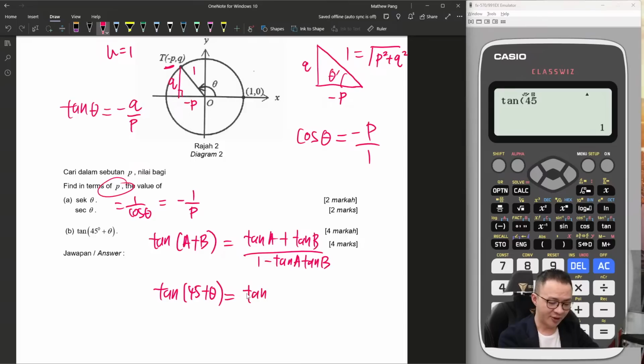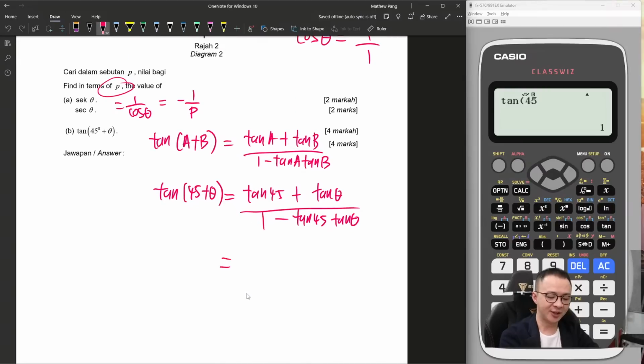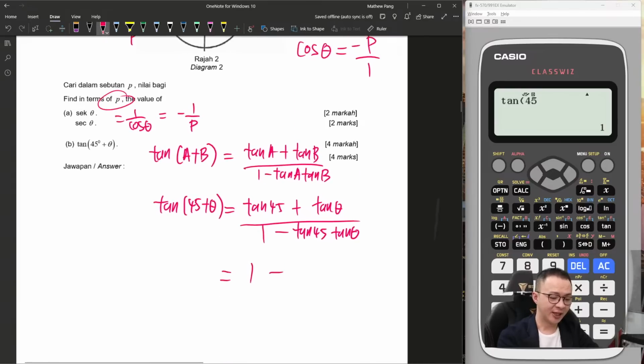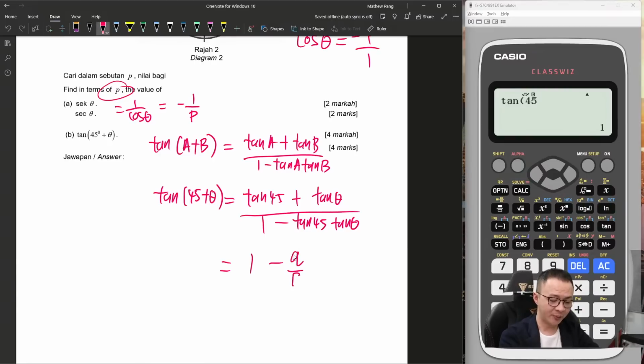So this is tangent 45 plus tangent theta over 1 minus tangent 45 tangent theta. Since I have the tangent theta, I'm going to insert it, which is negative q over p. Oops. Negative q over p, minus q over p, over 1 minus q over p.